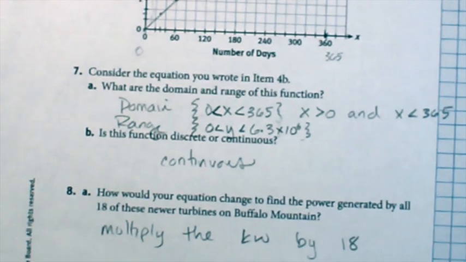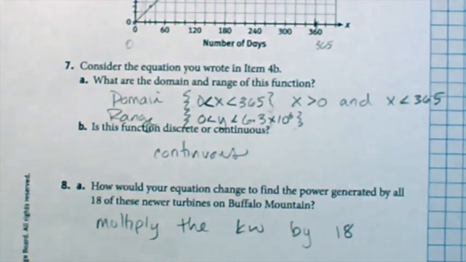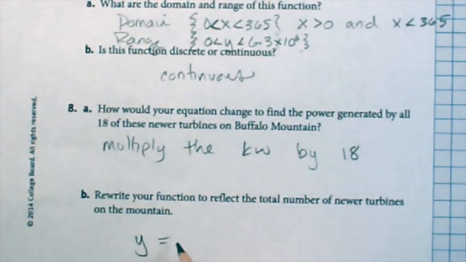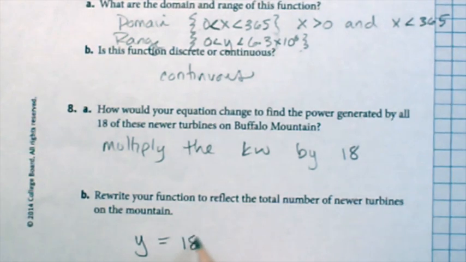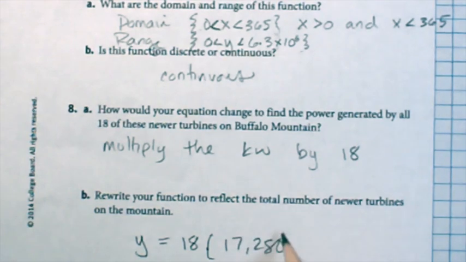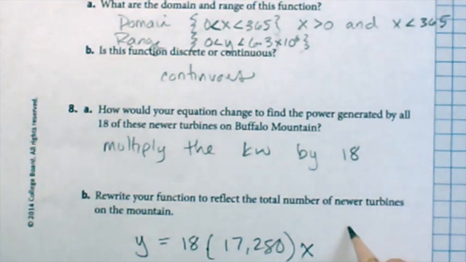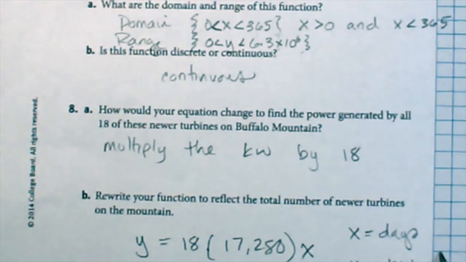So if you rewrite your function, it would now look like y equals 18 times 17,280 times x, where x is equal to the number of days and y is equal to the kilowatts of power. I'm not even going to do the math.